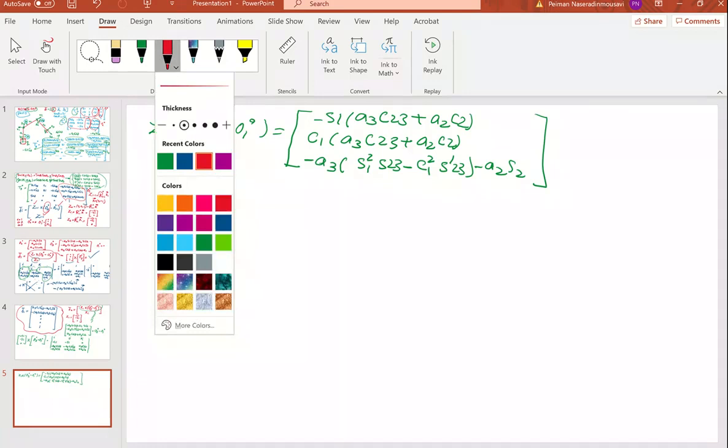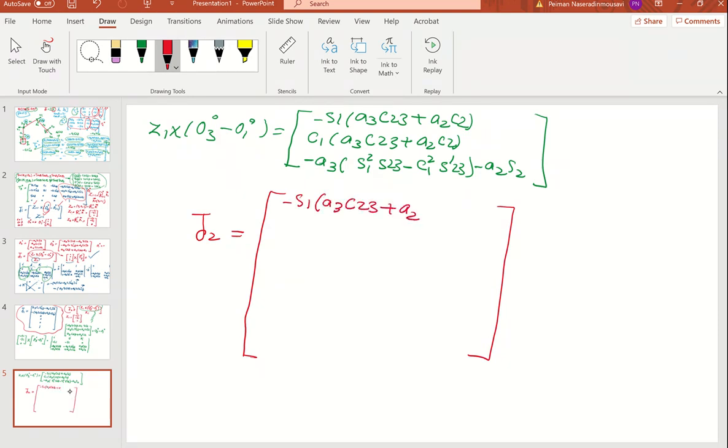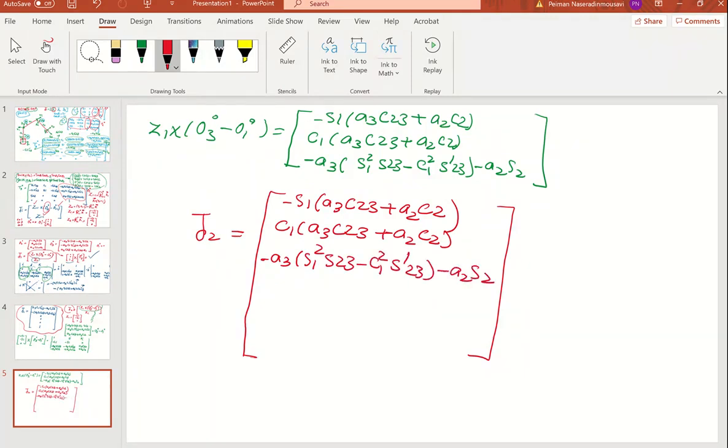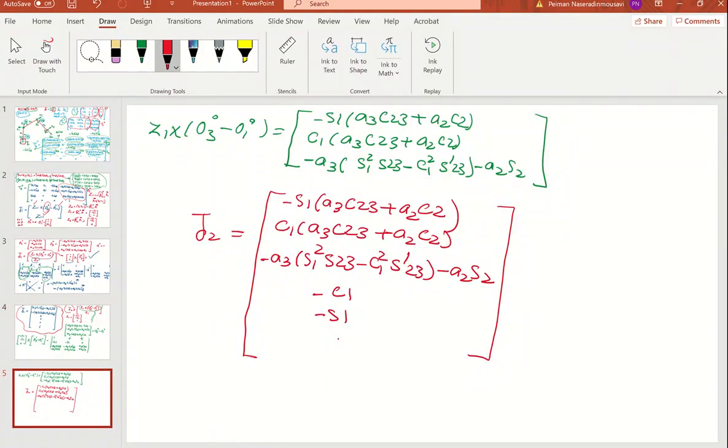Now bingo, by having that you can say j2 is going to be the same as that: minus s1 times a3 cosine 23 plus a2 cosine 2, cosine 1 times a3 cosine 23 plus a2 cosine 2, that's right, minus a3 sine 1 square sine 23 minus cosine 1 square s prime that we defined 23 minus a2 s2, and the z1 is this, minus cosine 1, minus sine 1, 0.